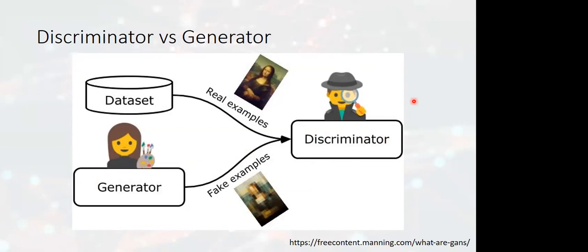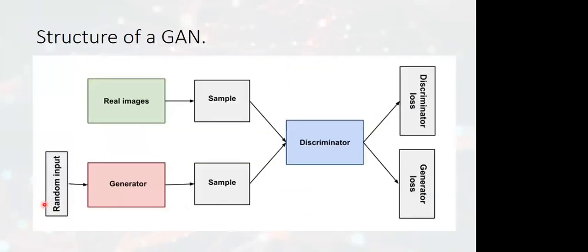Okay, wait, we have a question. Does the random input need to be anyhow related to the real images? It totally should not be. Let's intuitively try to understand the purpose of a random input, right? We are not trying to compare classes in a GAN. We are trying to only see if a sample is real or fake.